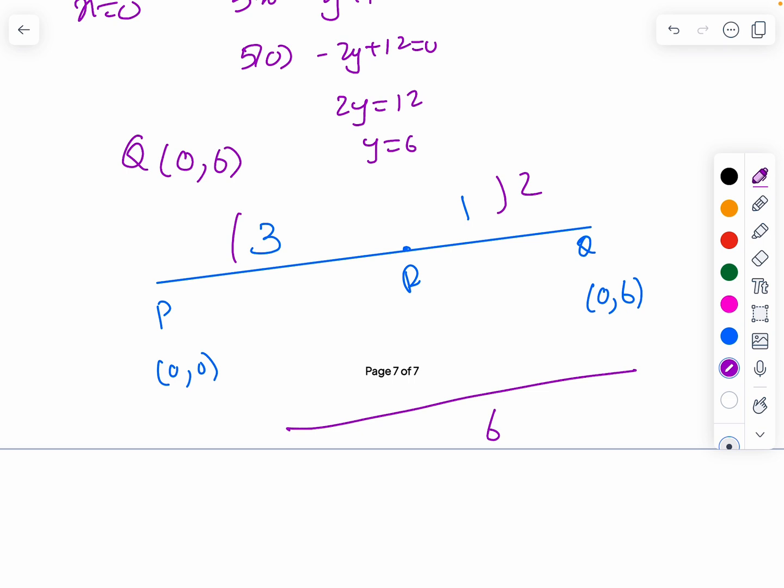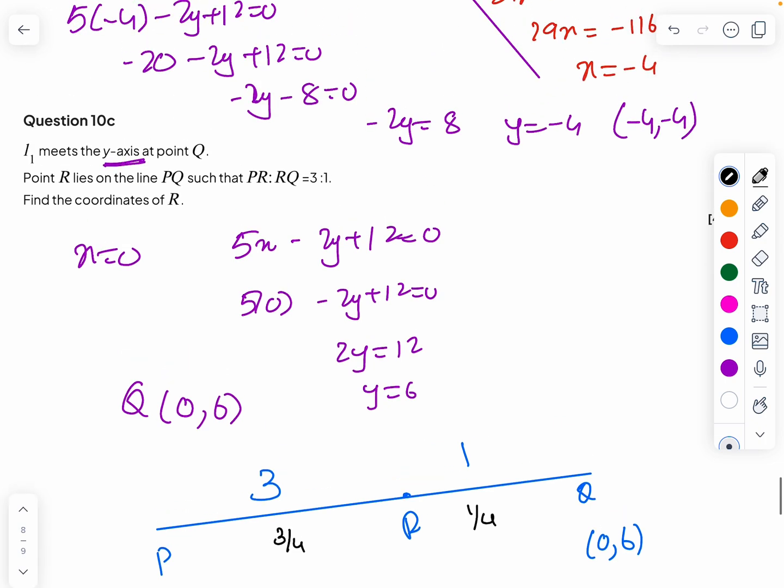How should I find the coordinates of R if the total distance is 6? This part is 3/4 of the total distance and this one is 1/4 of the total distance.